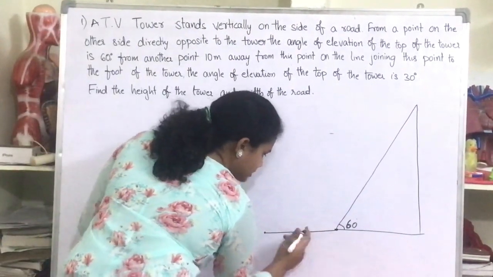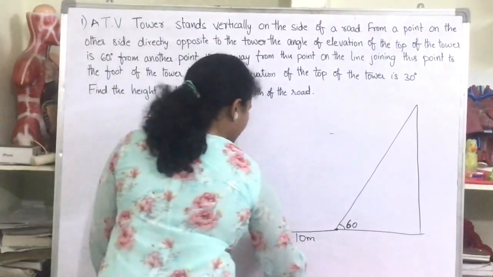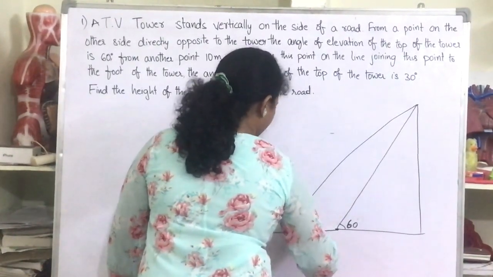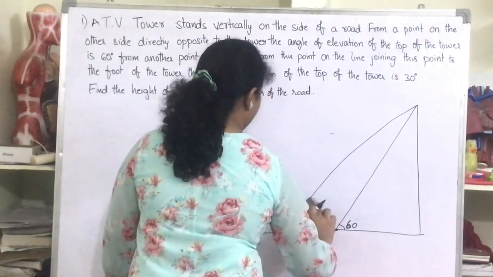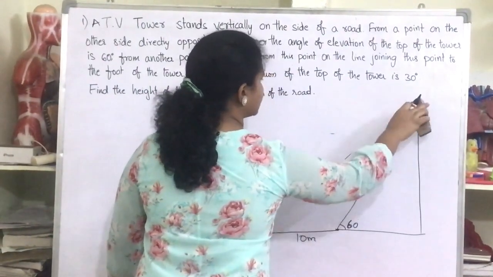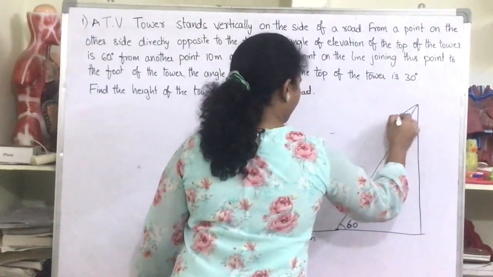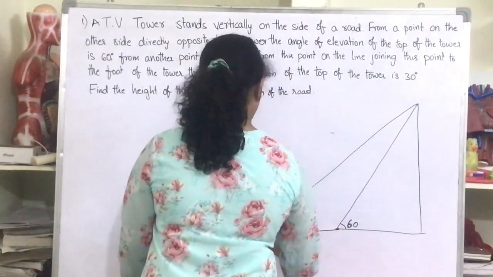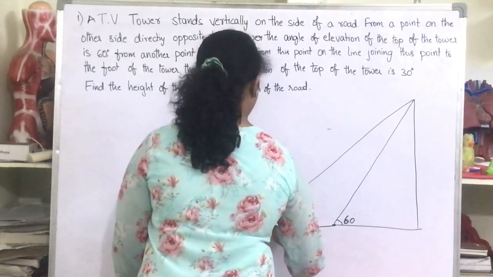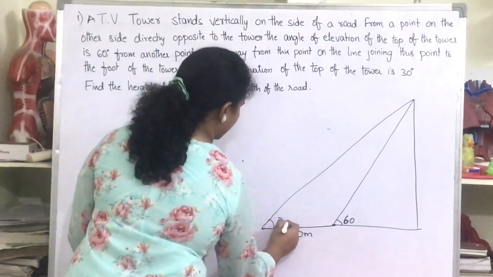So from this point, 10 meters, as we can conclude this as 10 meters of side. And now here the angle of elevation which forms is 30 degrees.